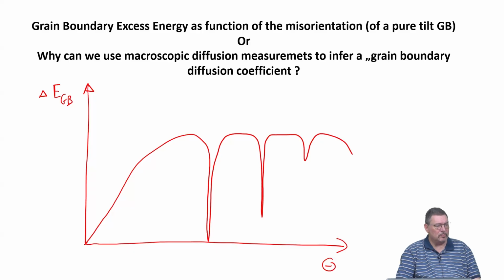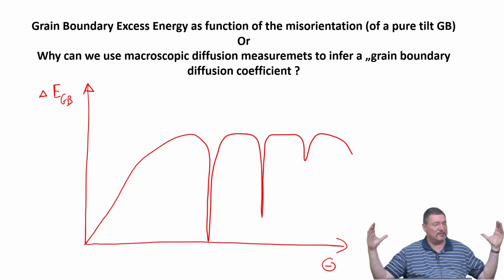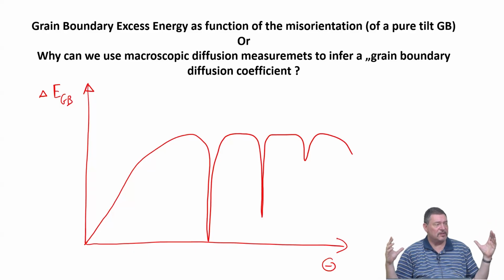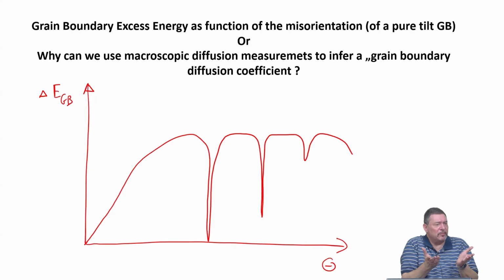How to make diffusion measurements? Because we have a polycrystal with a grain size of, I don't know, a micrometer or so, but we do it for millimeter-sized specimens. So we have a huge amount of different grain boundaries in there. Isn't that strange? Because we do one measurement and we get one diffusion coefficient for grain boundaries out of it. But there are millions of different grain boundaries.